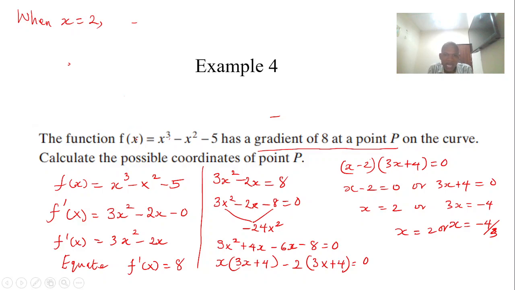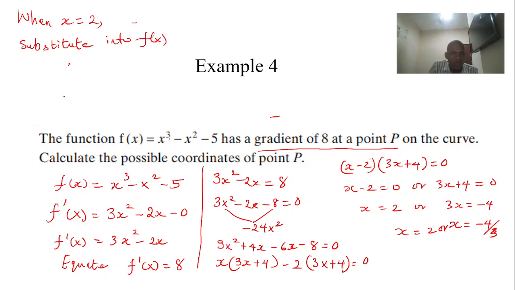How do I get the value of y when x is 2? You are going to substitute 2 for x into the function, into f of x.